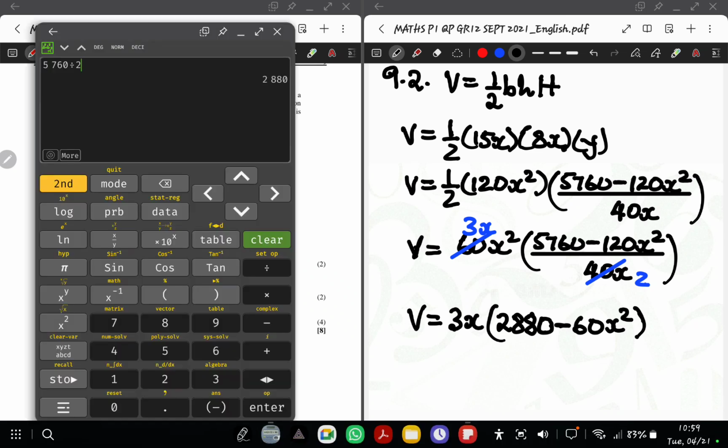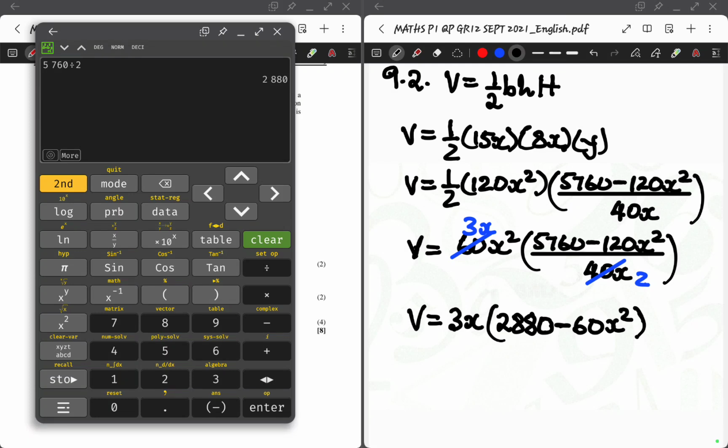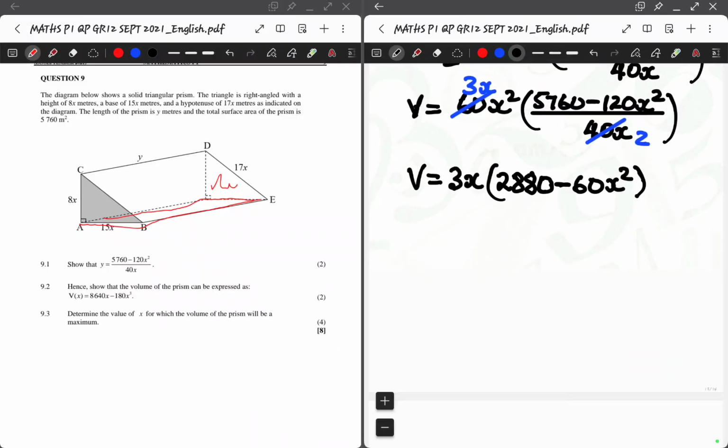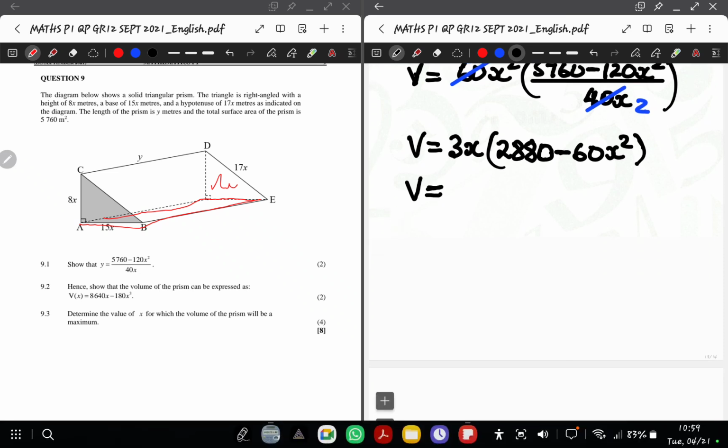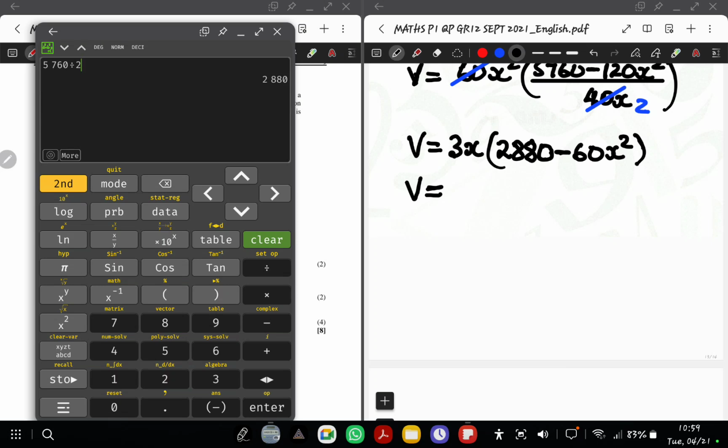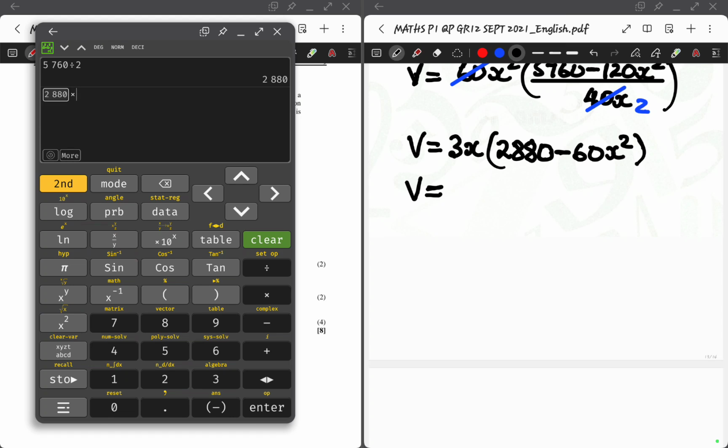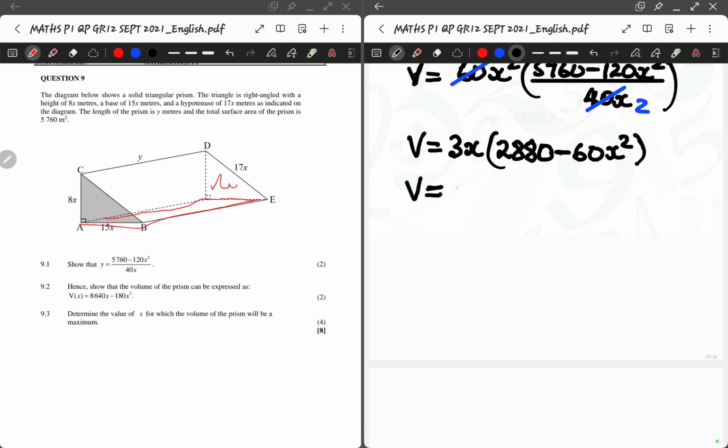So we need to multiply in the 3x at last. 2880 times 3 will be 8640x minus 3 times 60, which is 180x cubed.